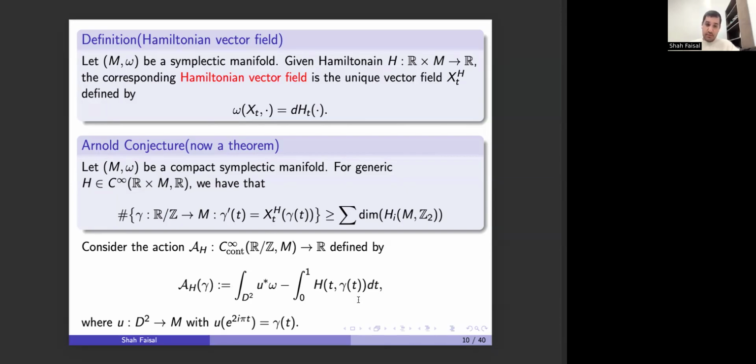One can compute to show that the critical points of this function are precisely the periodic orbits of the corresponding Hamiltonian system. So the above theorem is telling us that the critical points are at least the sum of the Betti numbers, and it's something you have seen in Morse theory for smooth functions, that the number of critical points of a Morse function is at least the sum of the Betti numbers, but this one is counting periodic orbits.